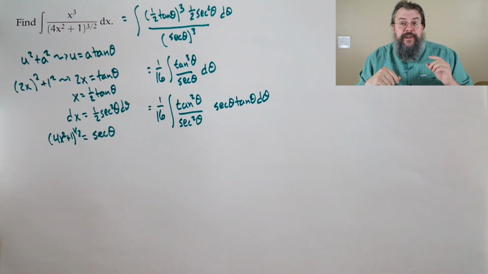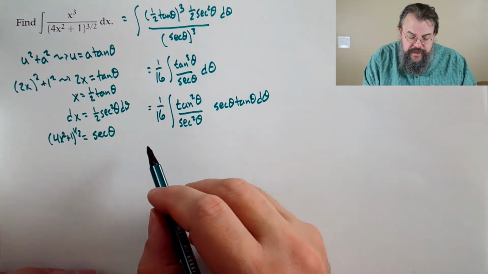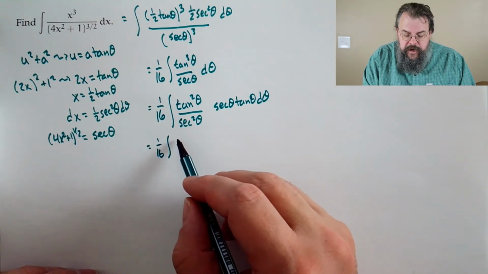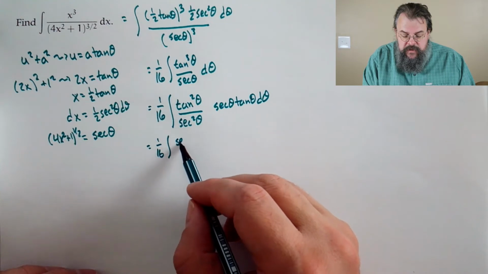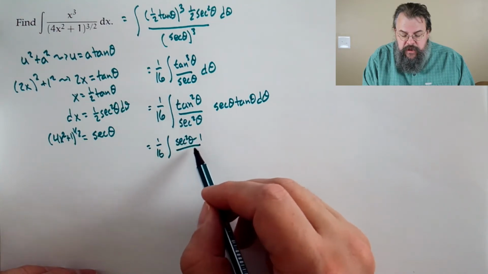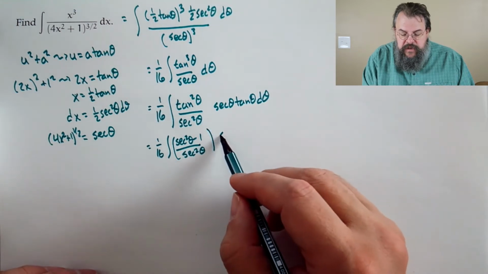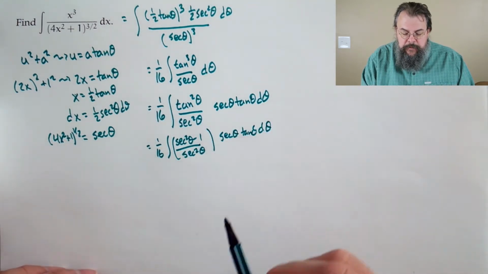Now, what can we do with the tangent squared? Well, tangent squared is the same as secant squared minus 1. So, we get secant squared minus 1 over secant squared. Then we have our secant theta, tangent theta, d theta.